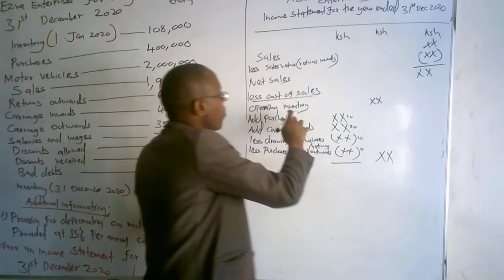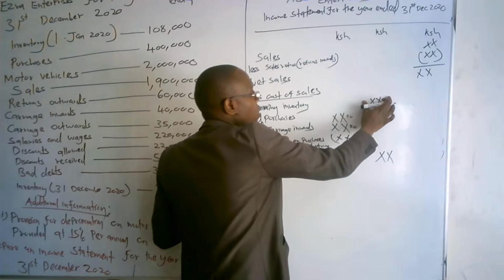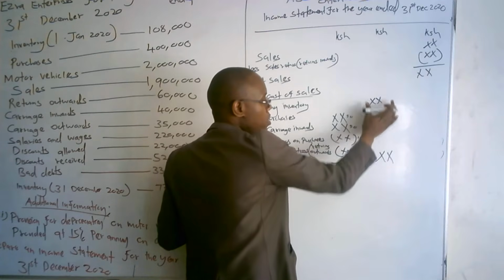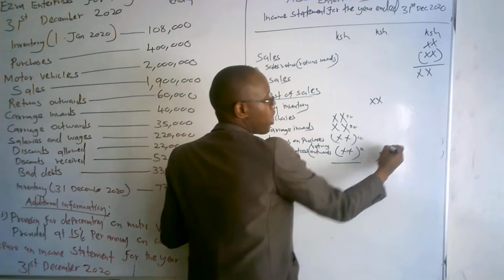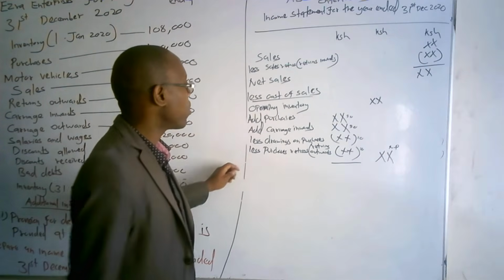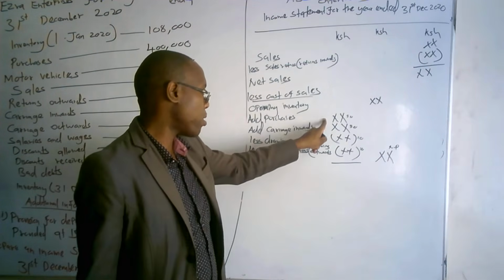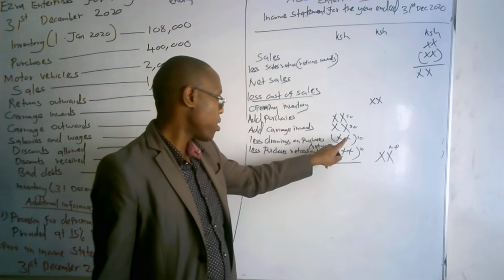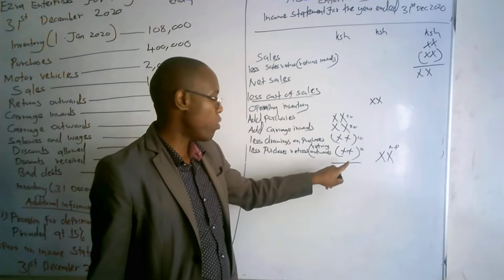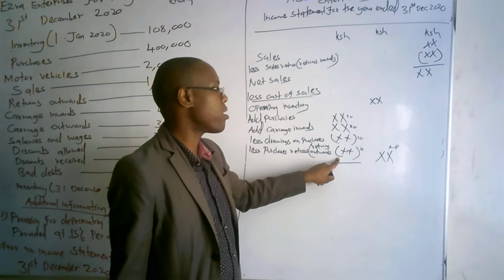So that now we are going to have that opening inventory which was in the second current sign plus these net purchases. Now this is what we call the net purchases. Now you have actually made that adjustment. So when you take purchases, you add carriage inwards, you less drawings on purchases, you less again purchases returns.